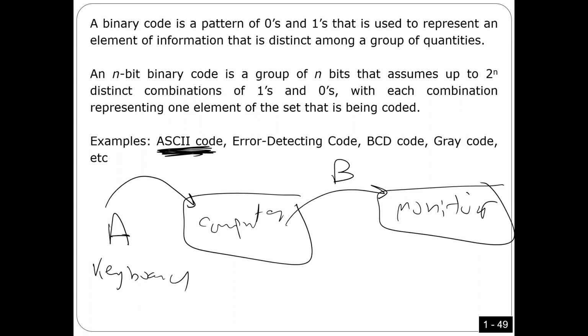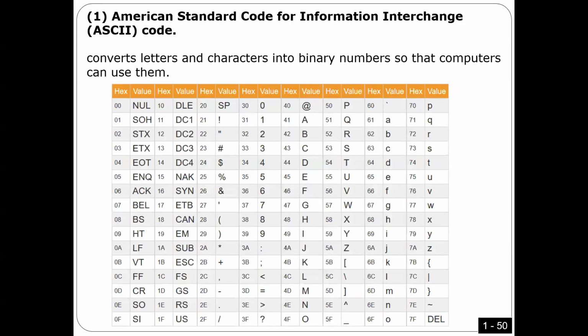Same thing if I want to display B on the monitor, I have to send the code of ones and zeros related to B. That's why every character or letter on your keyboard has a code. We call it ASCII code. ASCII stands for American Standard Code for Information Interchange.